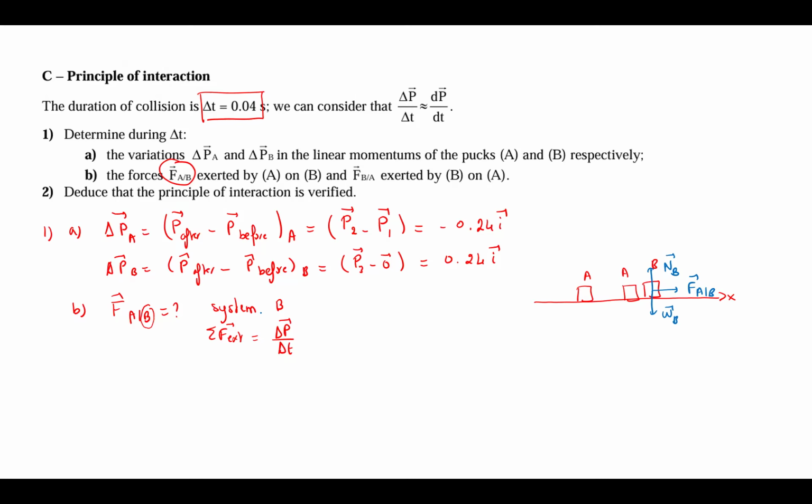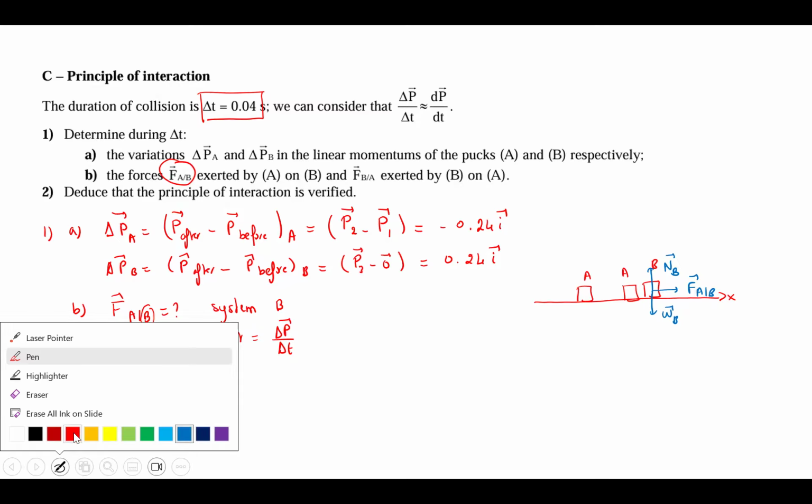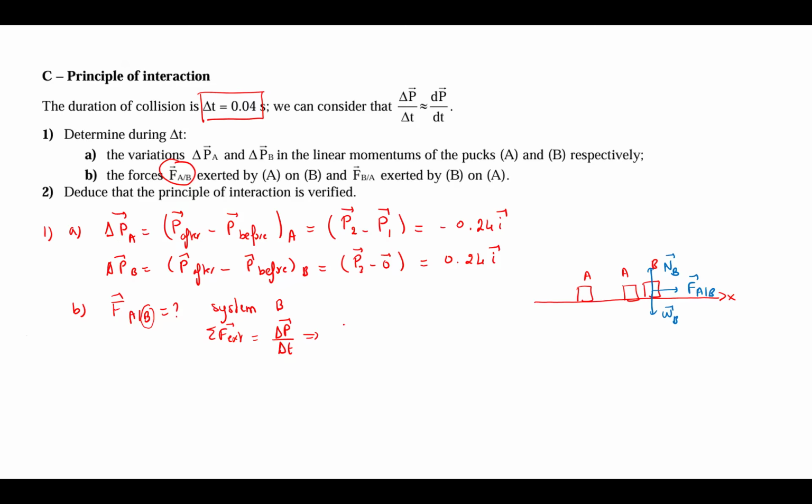It's an object that's outside of the system. So I put all the forces, WB plus NB plus the force done by A on B, equal delta P over delta T for B, which we already found.